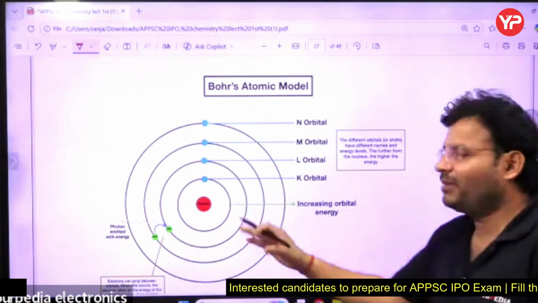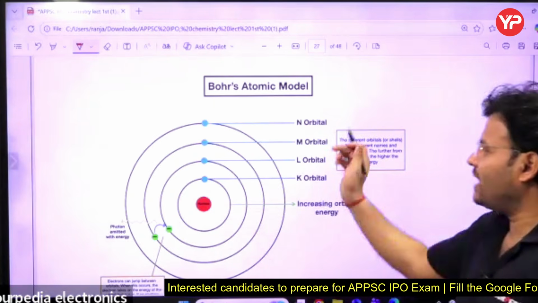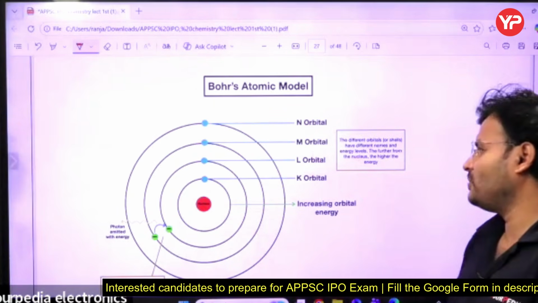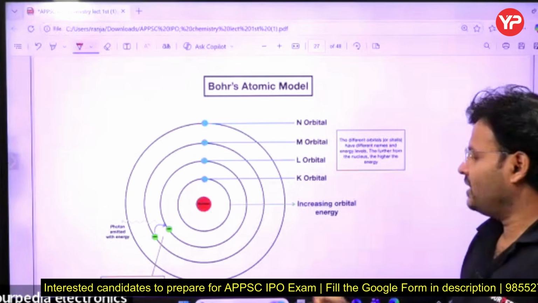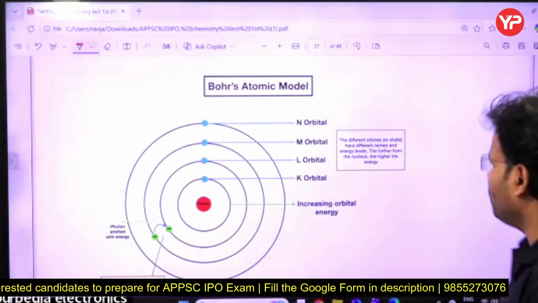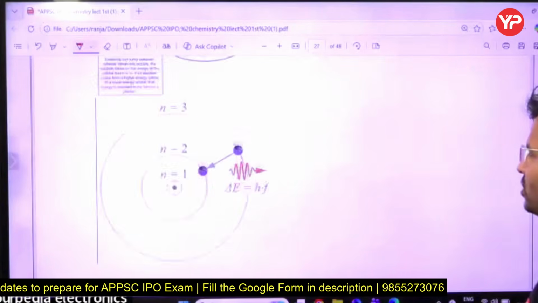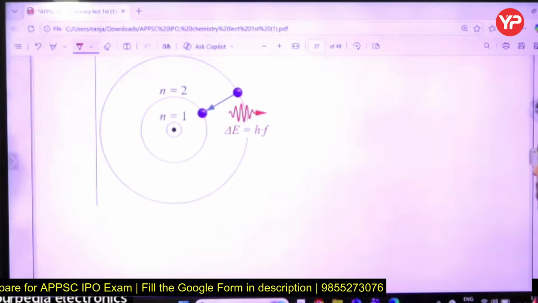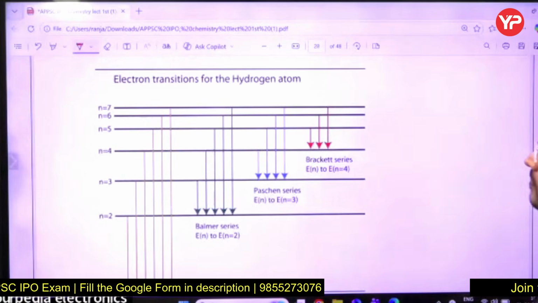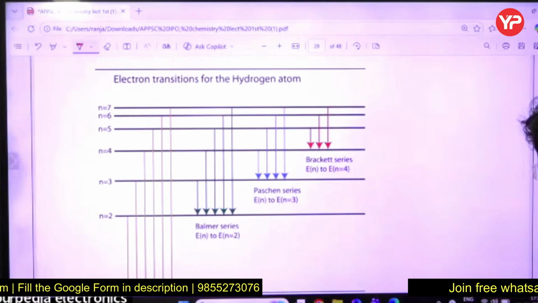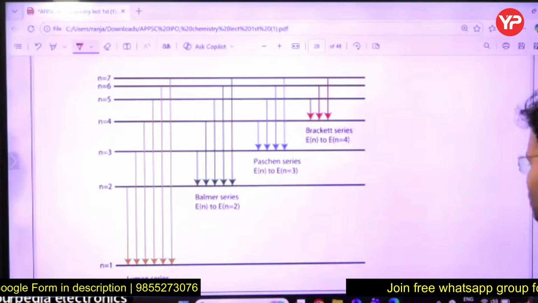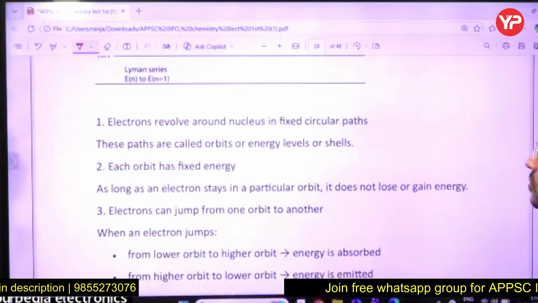We can see that in the diagram. First let's come to the theoretical part, and electron transition I will come to. Before that, let's complete the theory.